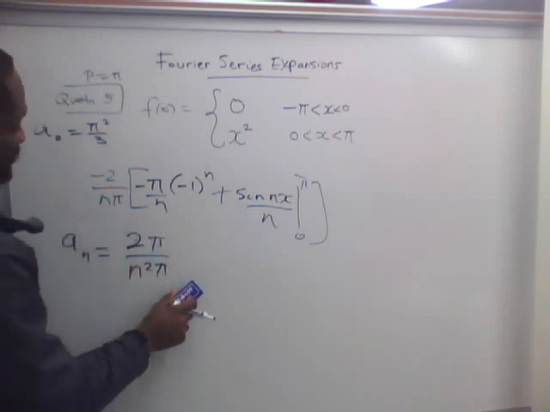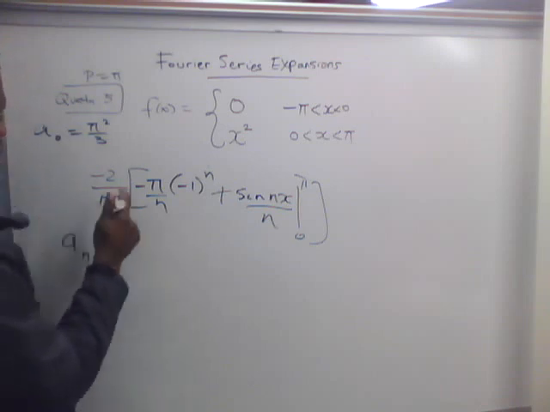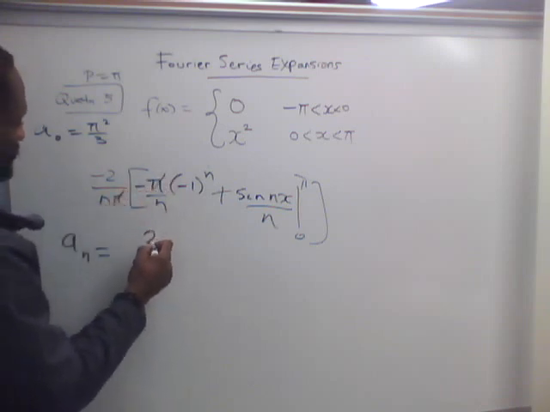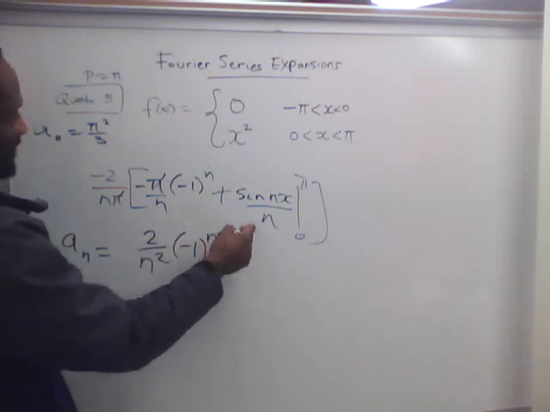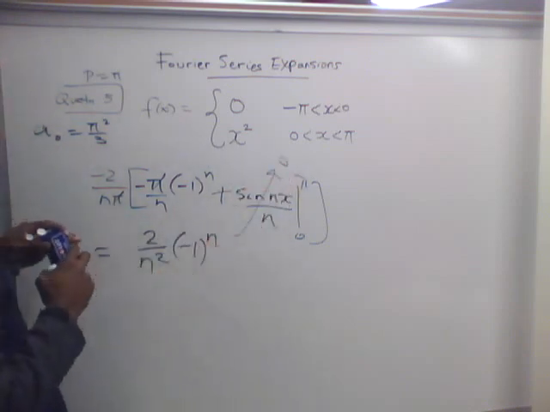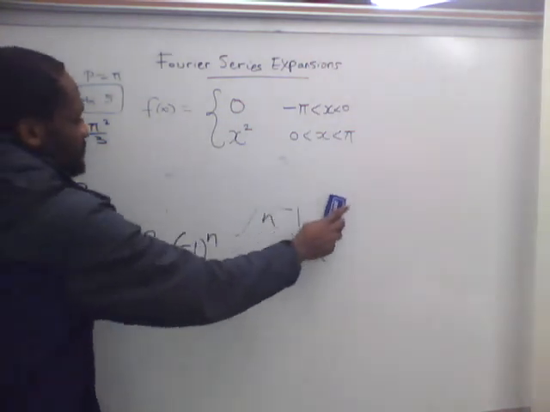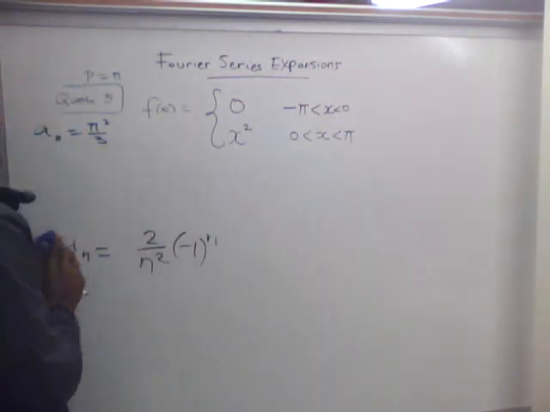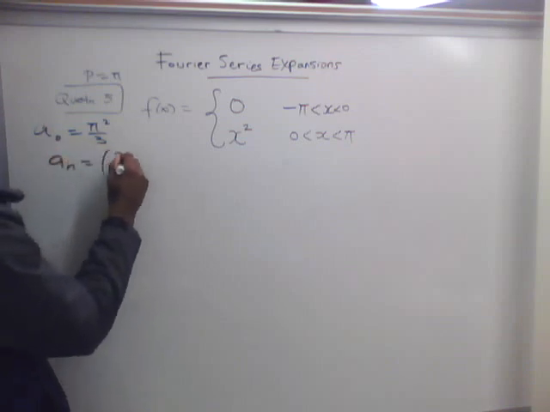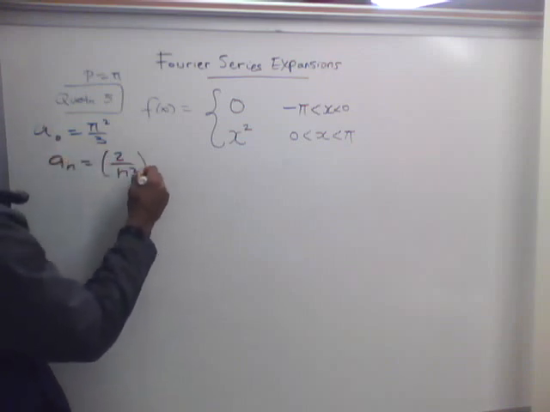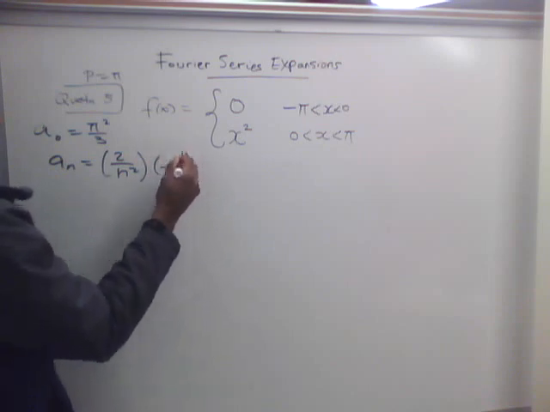Well, let's just write it as 2 over n squared. This pi cancels this 2. And that's minus 1 to the n. This was 0. So an equals 2 over n squared times minus 1 to the n.